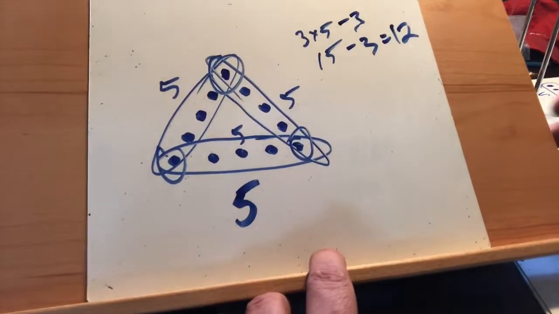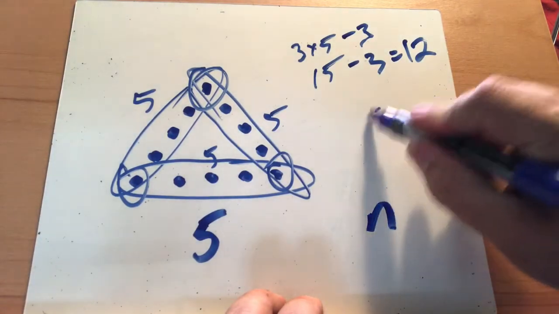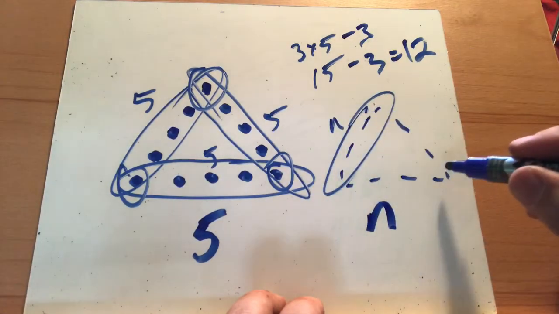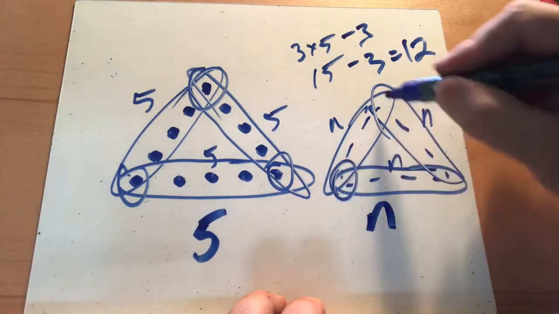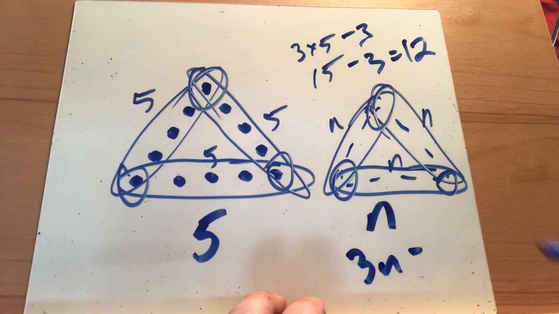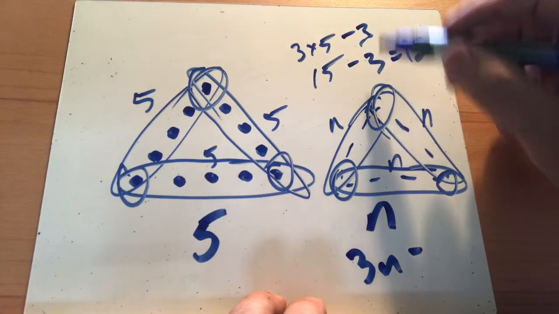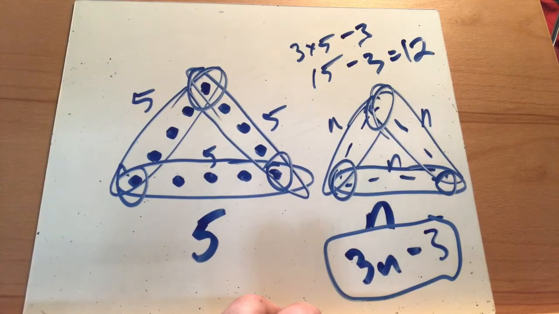Oh, I almost forgot. Figure n. What will this be? n. Uh-oh. That looks like 3n minus n. 3 n's, n times 3. Then we've got still those same, always minus 3. Yeah, 3n minus 3.